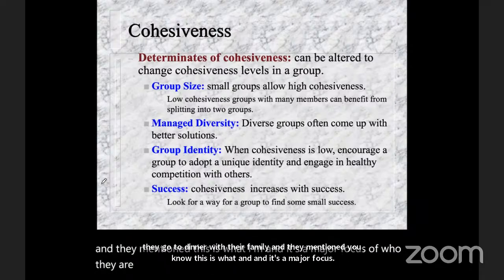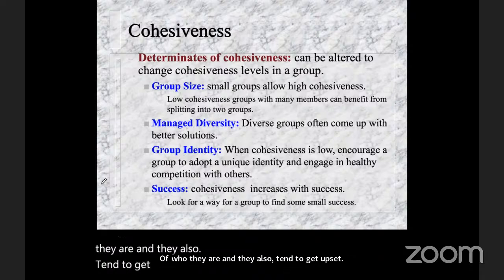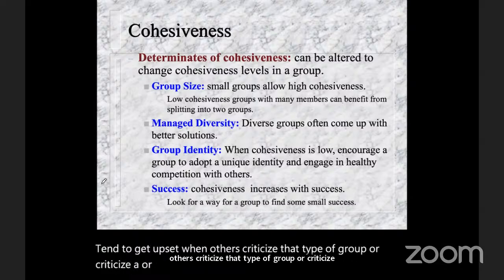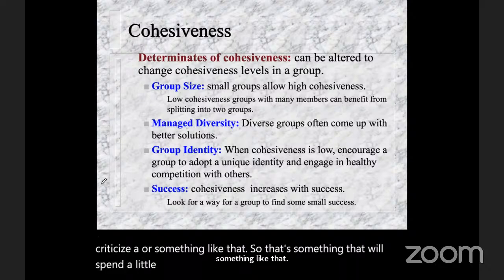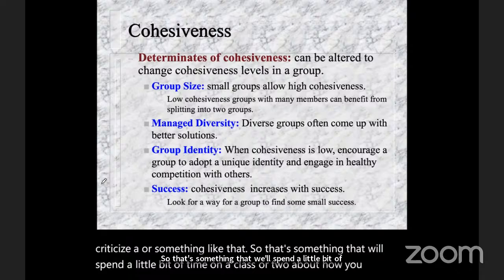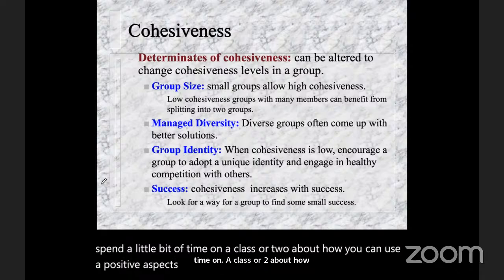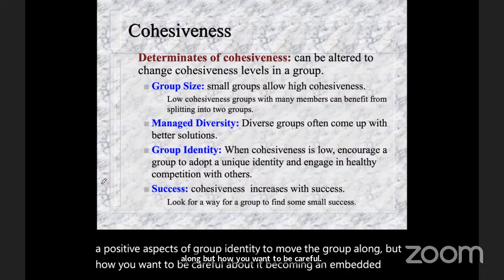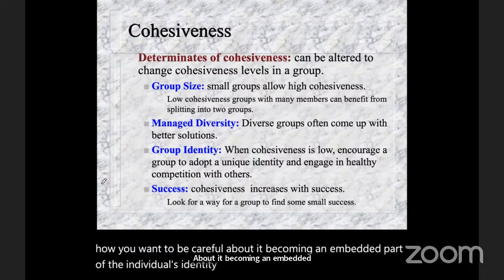They also tend to get upset when others criticize that type of group or criticize AA. So that's something we'll spend a class or two on: how you can use the positive aspects of group identity to move the group along, but be careful about it becoming an embedded part of the individual's identity. That's where you want to be more careful.